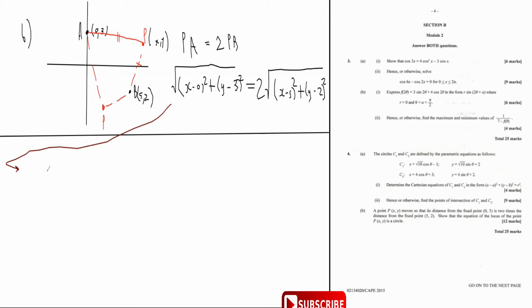By squaring both sides, I am getting that x squared plus y minus 3 all squared is equal to 2 squared, and 2 squared is 4. So it's equal to 4 times all of what's in here, which is 4 times x minus 5 squared plus y minus 2 all squared.